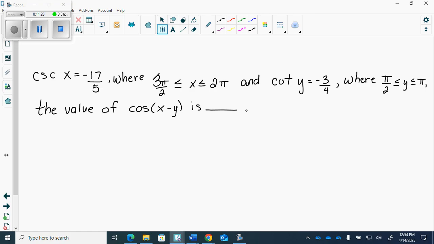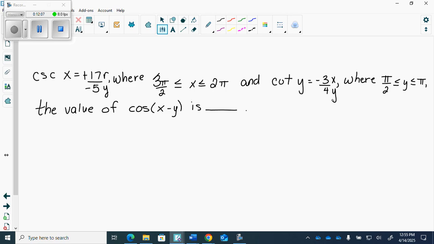I'm giving you guys actual information. So cosecant goes with what? Sine. Sine is what? Y over r. Can r be negative? No. So where does that negative have to go? Then I have cotan. Cotan goes with tan. Tan is what? Y over x. We don't know if the x needs to be negative, if the y needs to be negative. We need to draw it first to find out where it needs to be, correct?